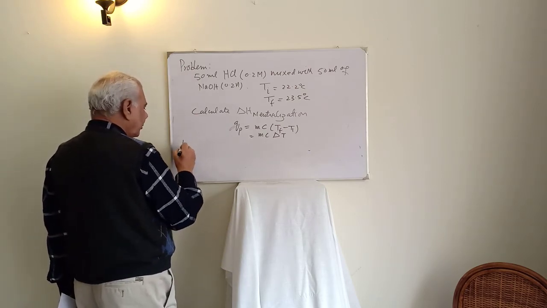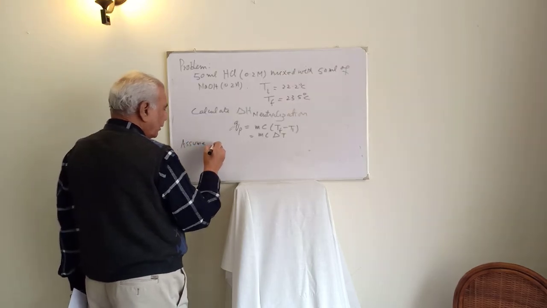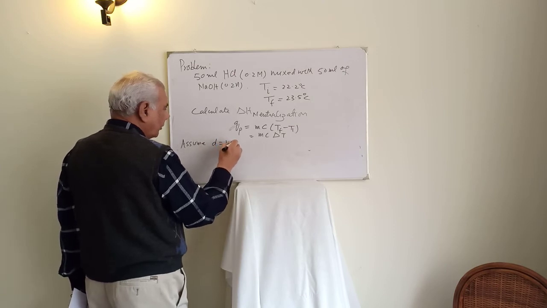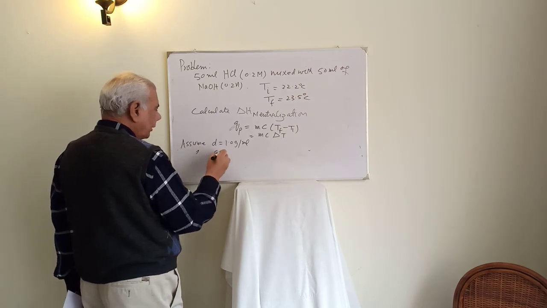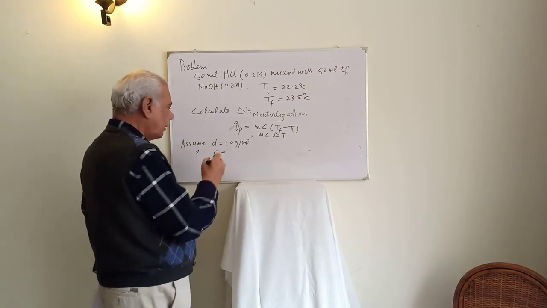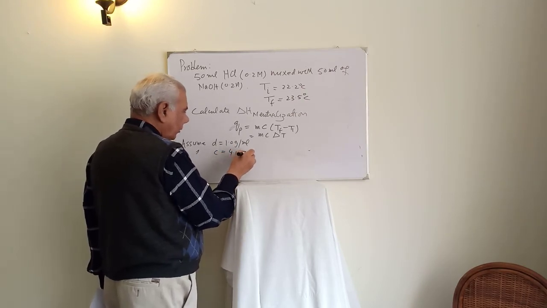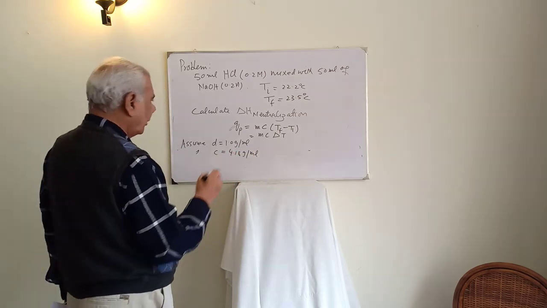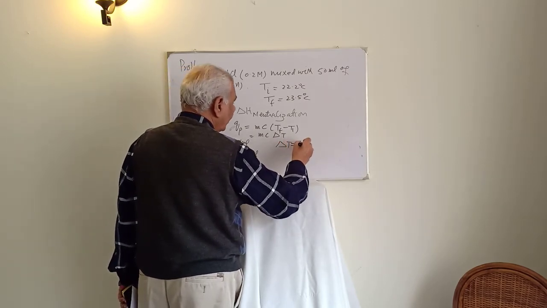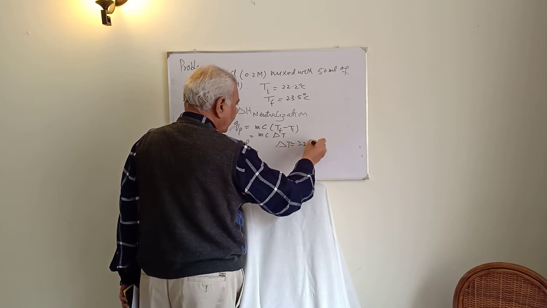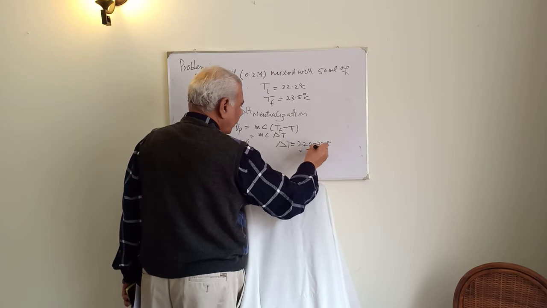Because assume that density of solution is 1.0 gram per ml and assume that the heat capacity of solution is 4.18 joules per gram per degree. Right. Now delta T is 23.5 minus 22.2, which is equal to 1.3 degrees centigrade.